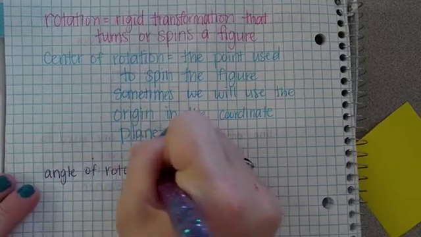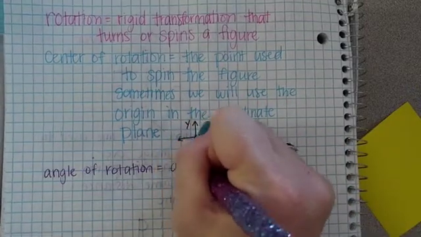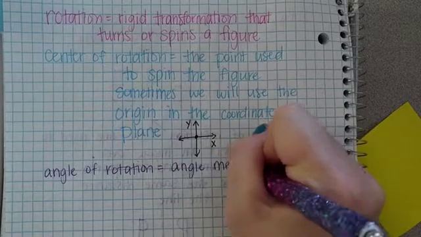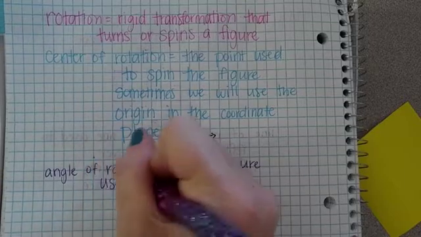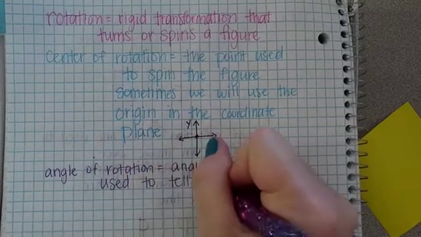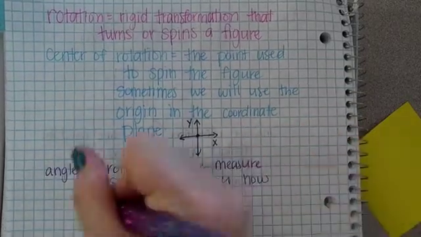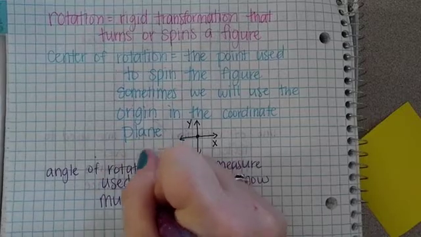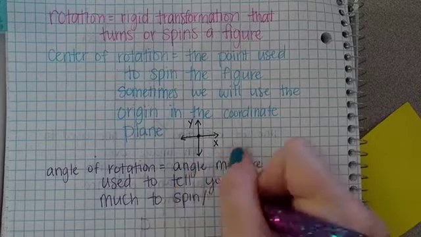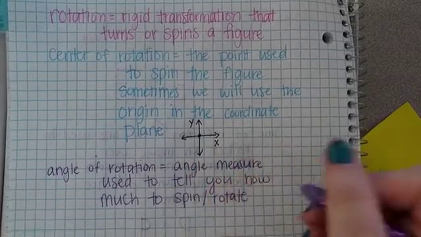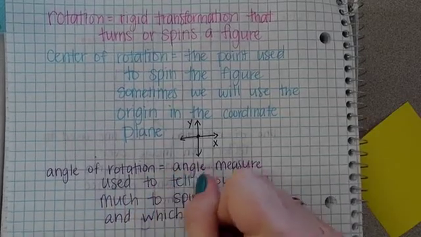So these are all the things that we've talked about in this video so far, and it's the angle measure used to tell you how much to spin. I'm going to write rotate. And which direction.